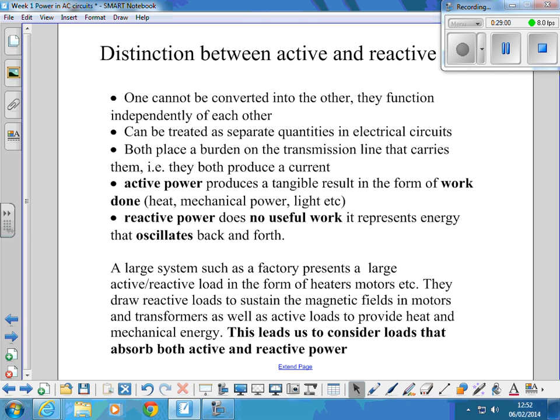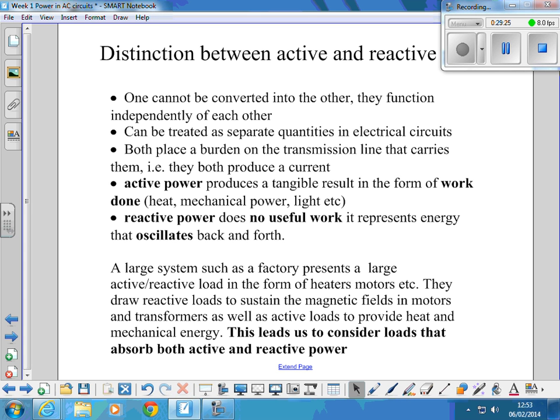They can be treated as separate quantities in electrical circuits. So when we're doing calculations, we deal with Q and P and another amount called the apparent power, which we'll look at in a minute, which is the combination of the two. They're treated as separate quantities.